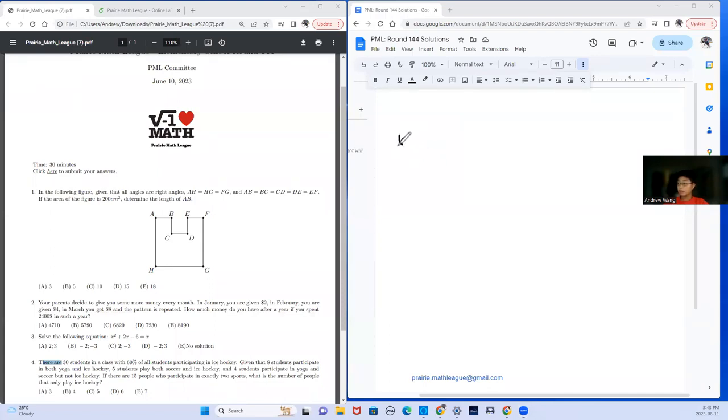We'll set X equal to the shorter side lengths, like AB. Since AB, BC, CD, DE, and EF are all equal, we can set them all as X. And we can set another variable, Y, for the larger side lengths, labeled as FG, GH, and AH. This will act as a guide for us.